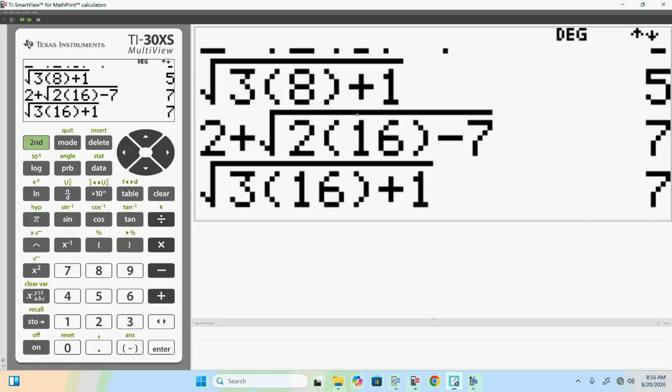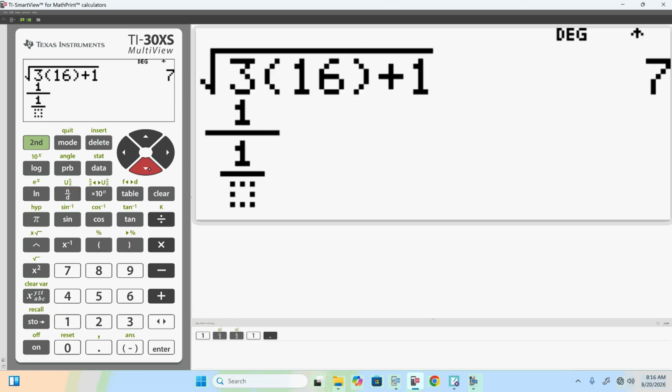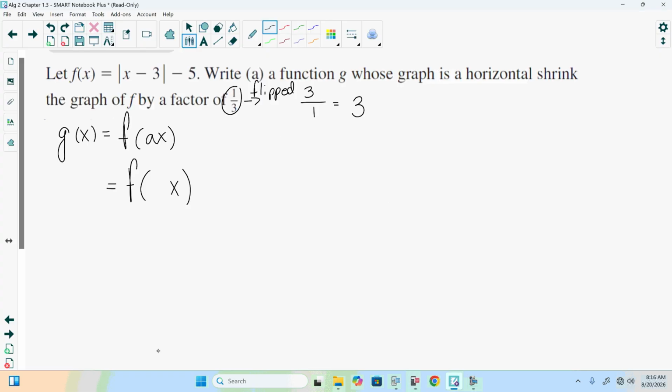If you're not sure, put 1 over that amount, 1 over 1/3. So the actual value of A is 3. That is the main thing with horizontal stretch and shrink. Flip the value they give you before you plug it in.